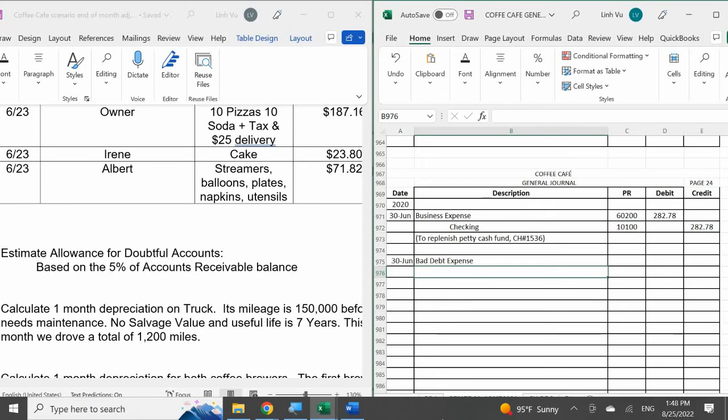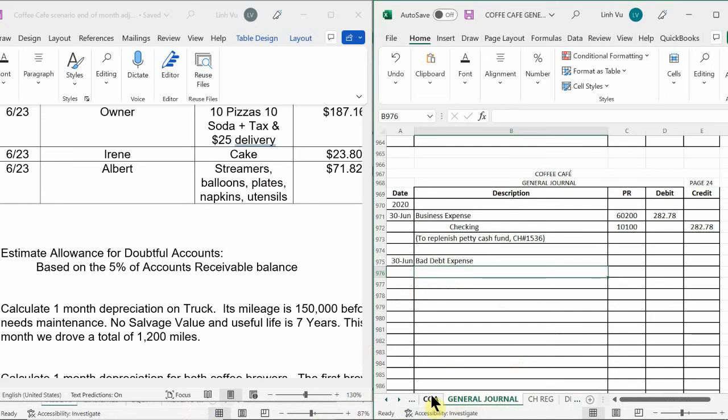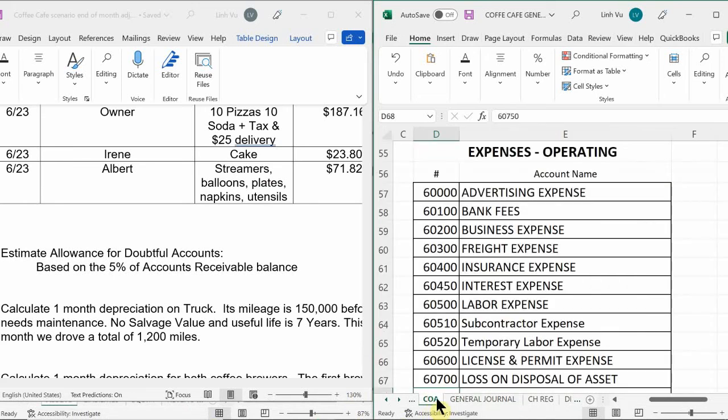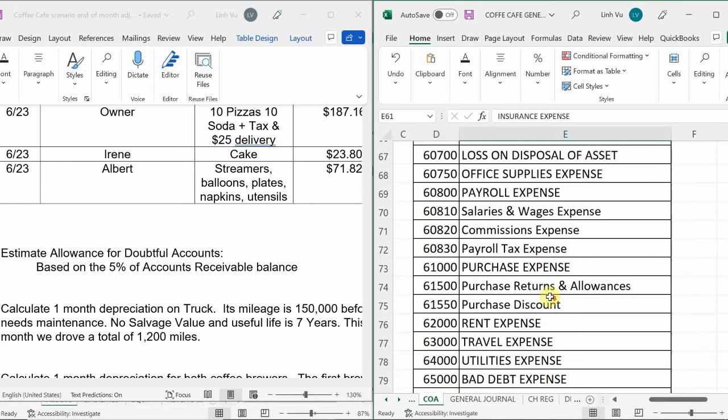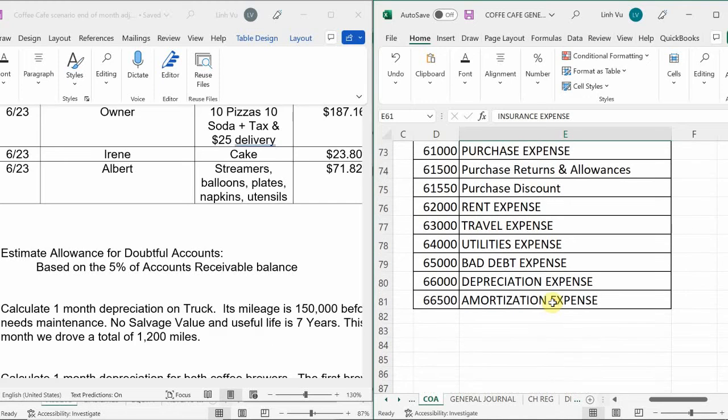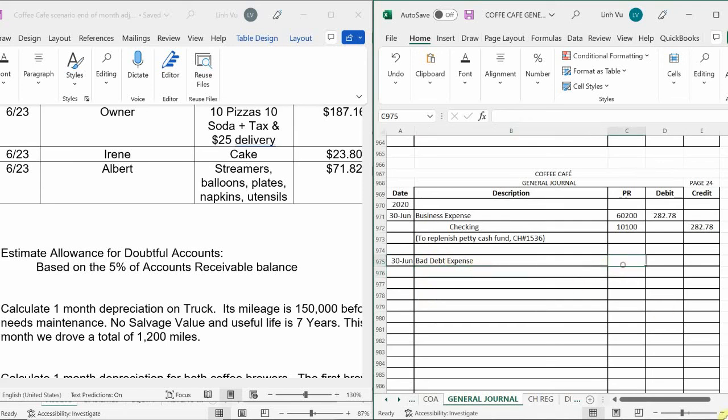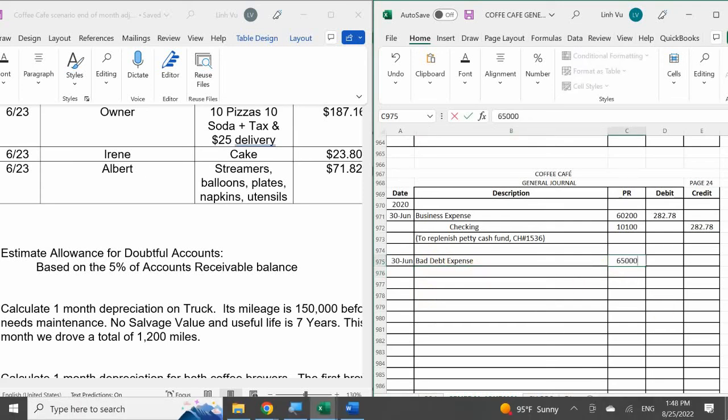So if I am going to be debiting my bad debt expense account, what is my equal and opposite credit? What account am I going to use to represent my equal and opposite credit here? Allowance for doubtful accounts? Mm-hmm.